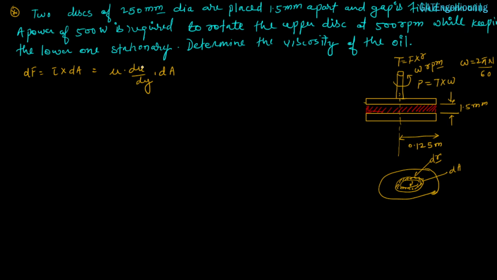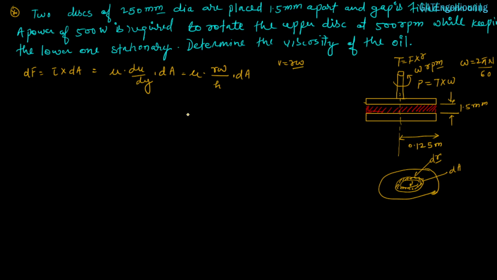Since it is rpm, omega, v is equal to r omega. So we can put mu into change in velocity, r omega minus 0, that is r omega, upon change in height from 0 to h, that is h, multiplied with dA. So this is shear force.